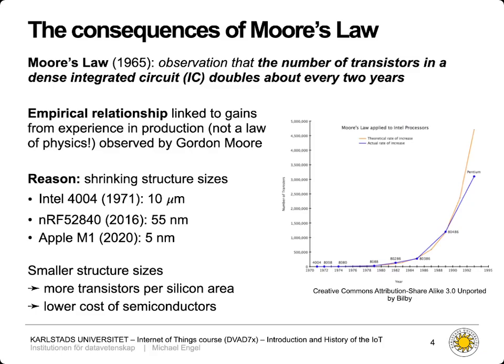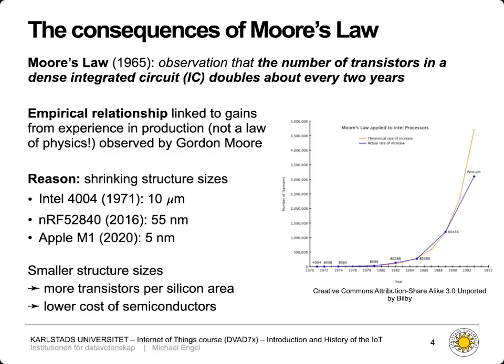The nRF52840 we just talked about, 5 years ago, is in a relatively conservative process, so it's running on 55 nanometers. But as you can figure out, that's almost 200 times smaller. And remember, we're building in an area, so the number of transistors goes up significantly more.